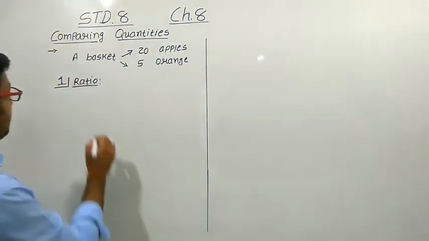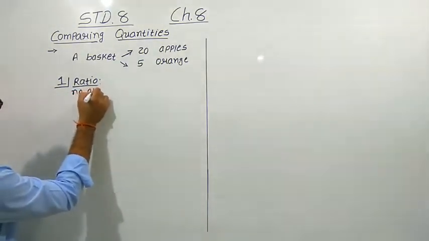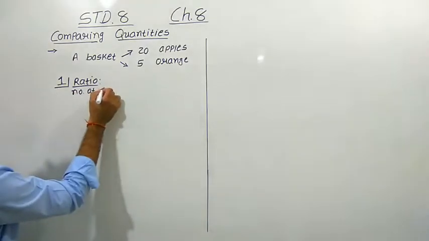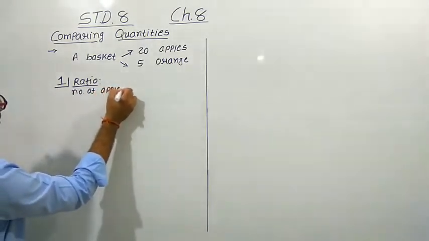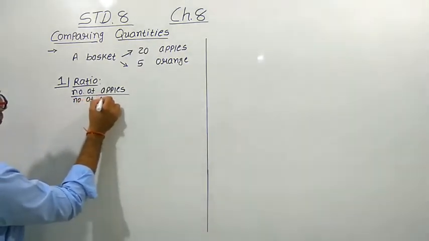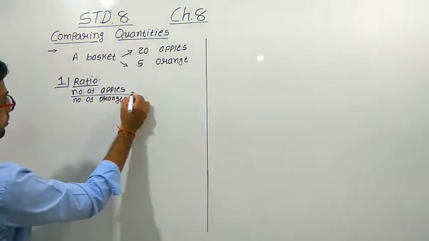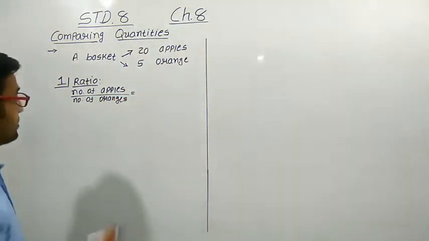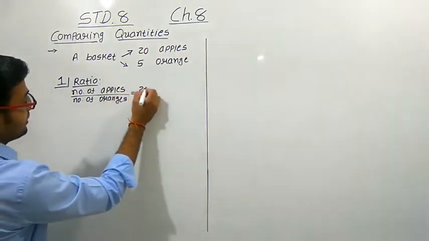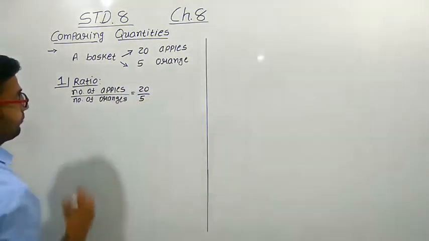Now how do we use this ratio? See, here we can write it as number of apples upon number of oranges, right? Number of apples is equal to 20 and number of oranges is equal to 5.